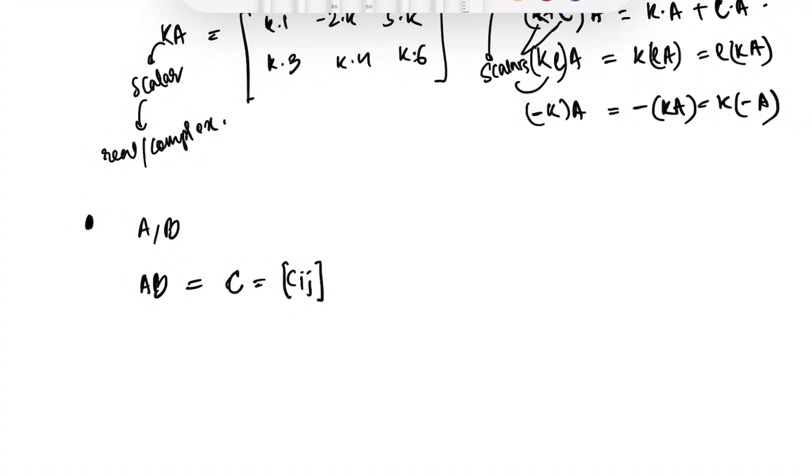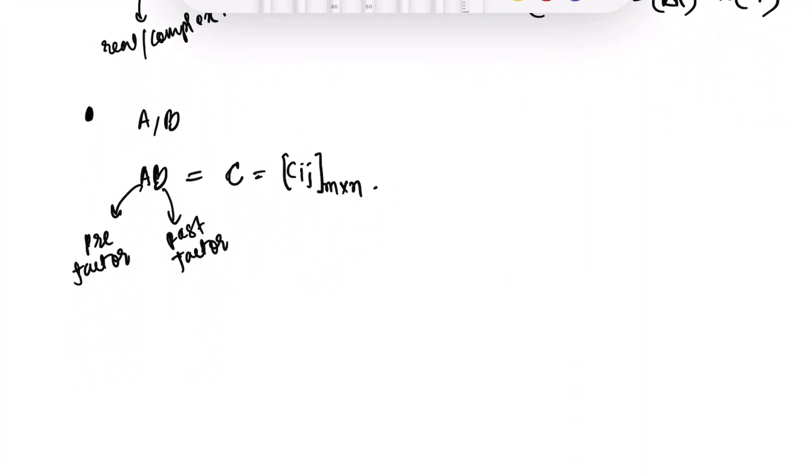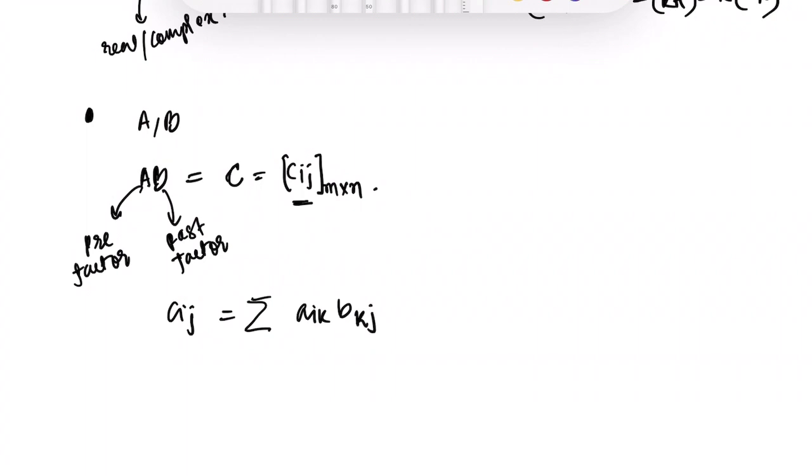Now m into n. This one we call the pre-factor, and this one we call the post-factor. So how you do it is, how do we find c i j? c i j is the summation of a i k and b k j. Here a are the elements of A, and small b are the elements of the matrix B. And here your k goes from 1 to, let's say, p.